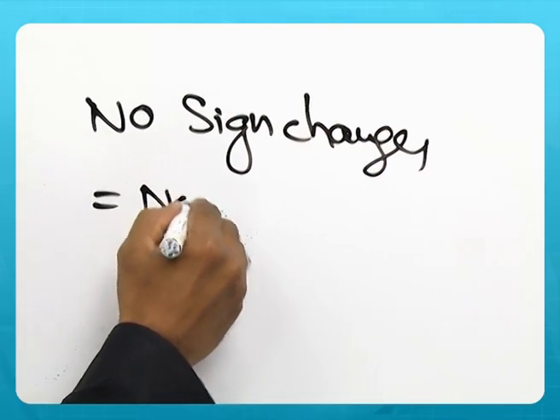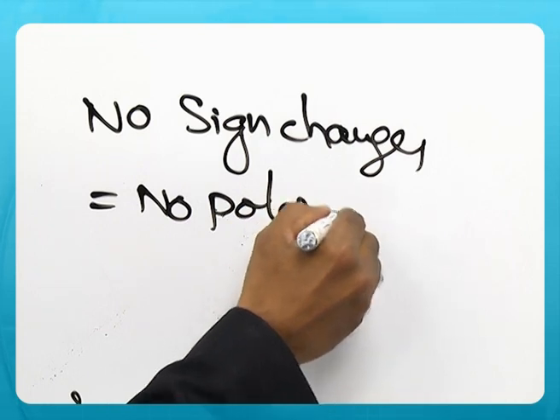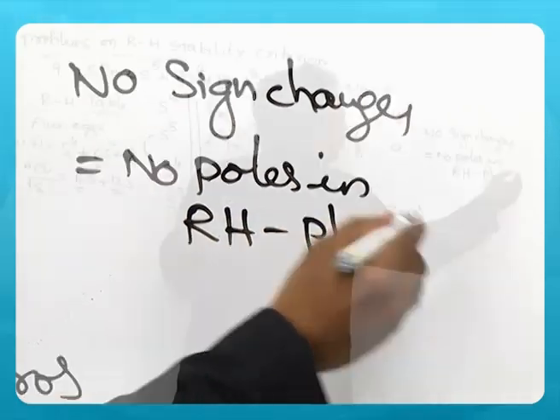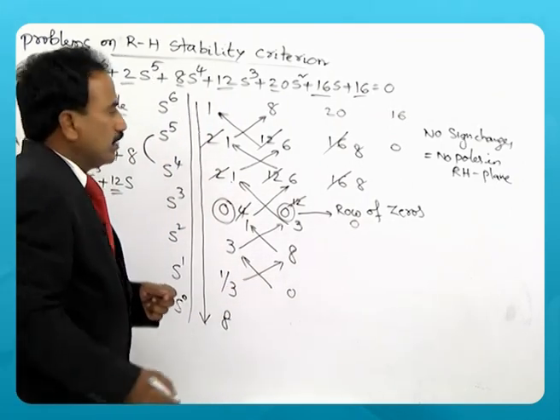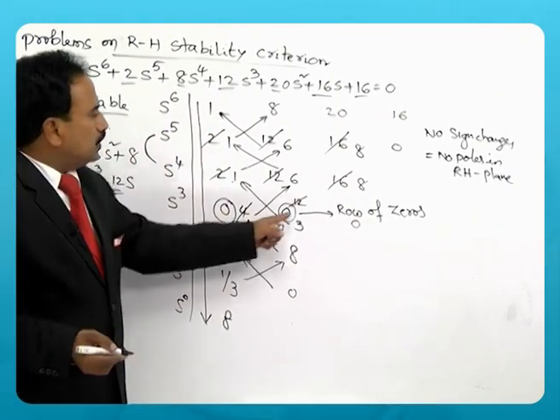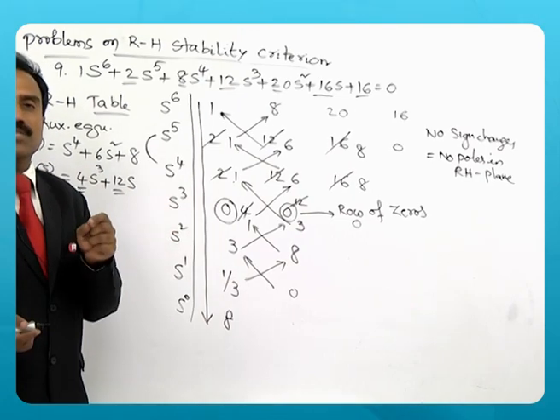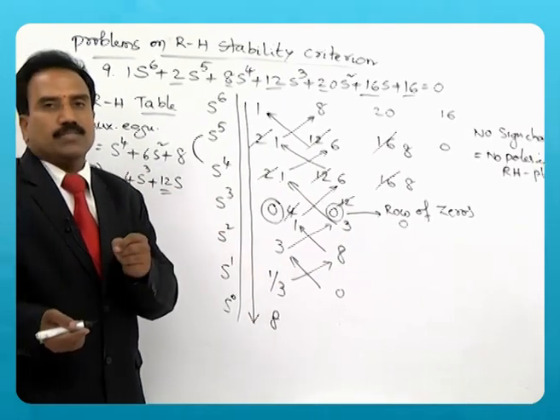So no poles in the right half of the S plane, but a row of zeros indicates that there are some roots lying on the j omega axis.